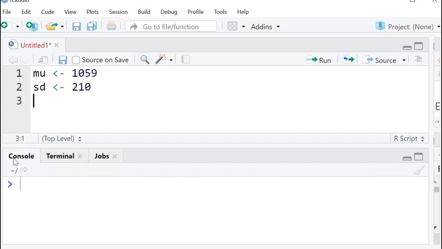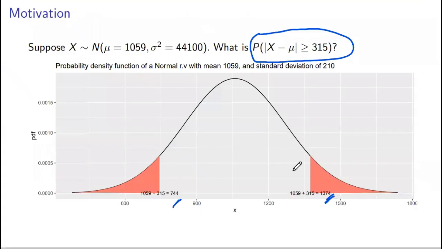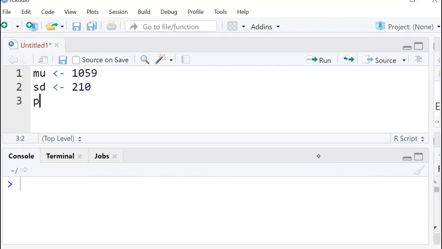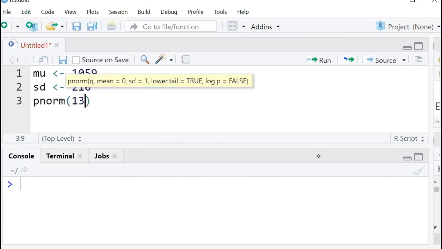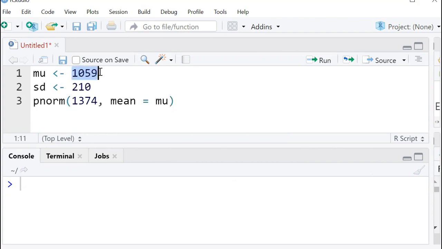First, we want to calculate the probability on the right-hand side, the probability of observing a score above 1374. So that is pnorm, 1374, that's the quantile value, and the mean is given by mu, which I have as 1059, and the standard deviation is 210.